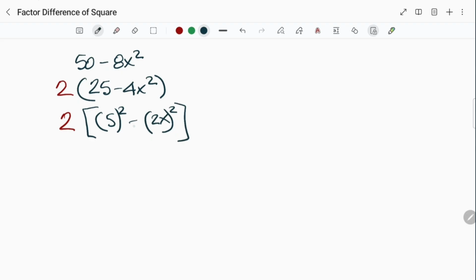Then we have right here the difference of the square. If it is clear for us how we solve the difference of the square, remember the formula, the difference of the square is a plus b, a minus b.